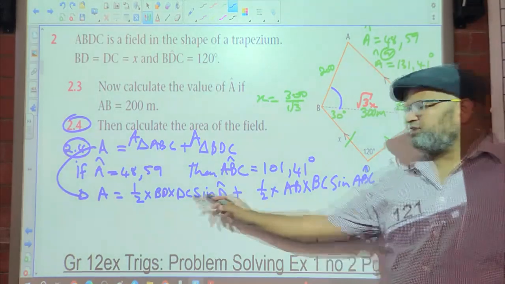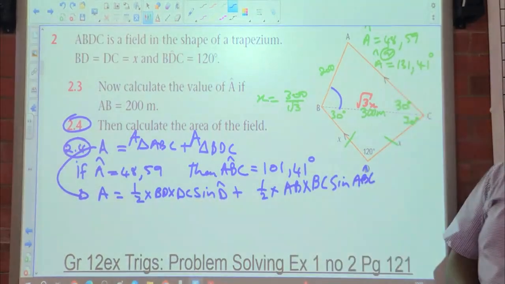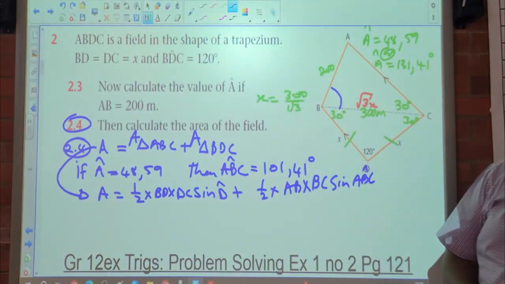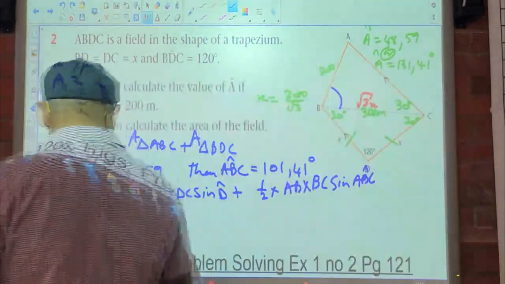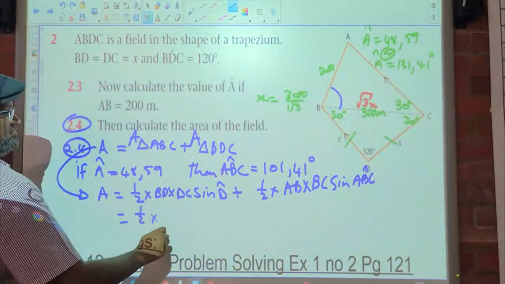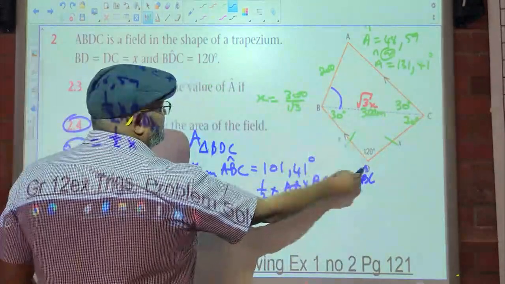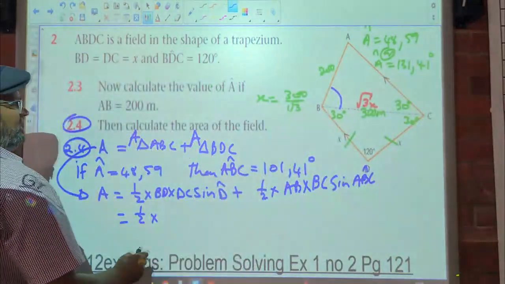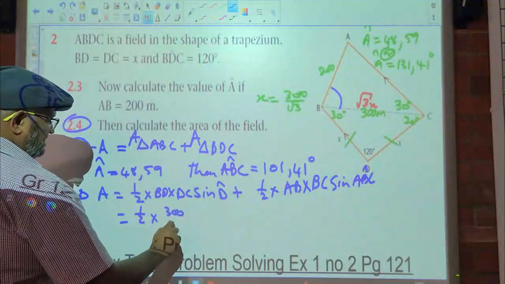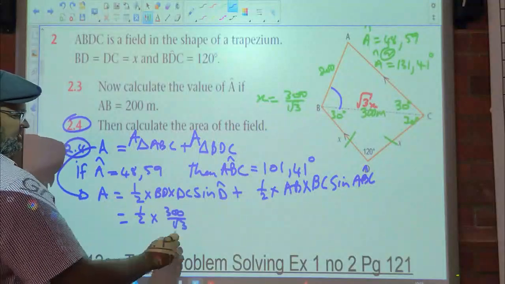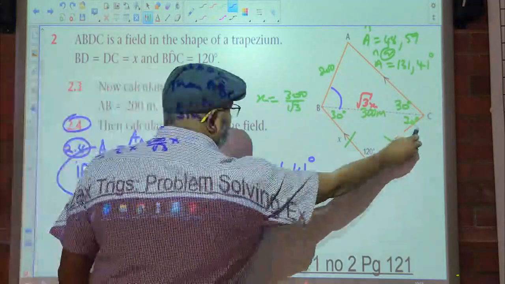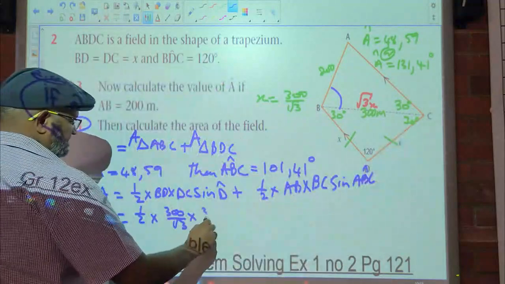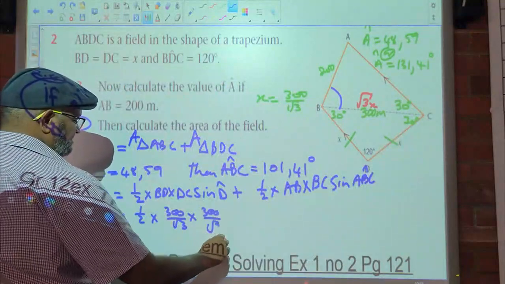Did I have to write this whole story out here? No, you don't have to write it out. So I go half. What's BD? X. And what's the length of X? 300 over root 3. Times DC, which is what? Also 300 over root 3.